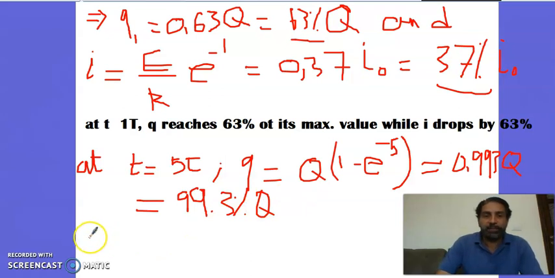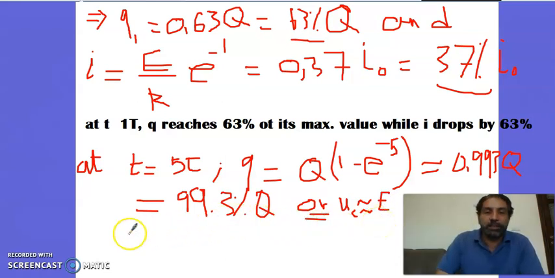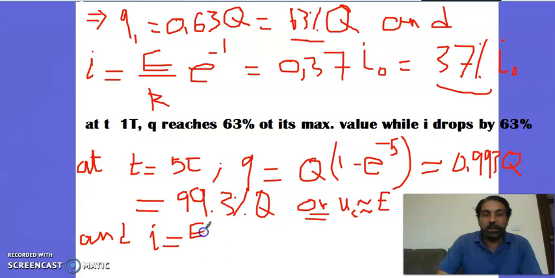And let's find the current. Or you can say here also this is applicable, or U across the capacitor 99% of E, or approximately E. The voltage across the capacitor is equal to the voltage across the battery. And let's find the current. I equal E over R, the function of the current.